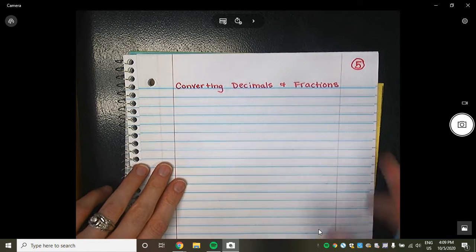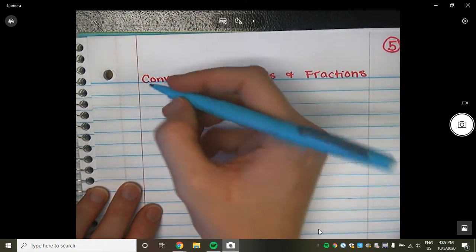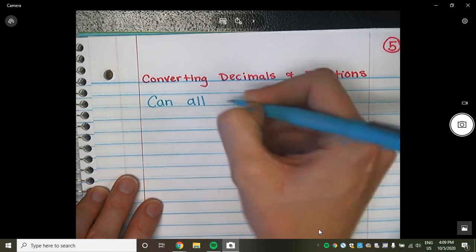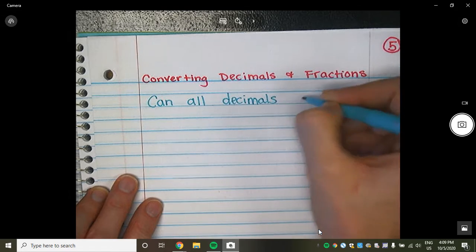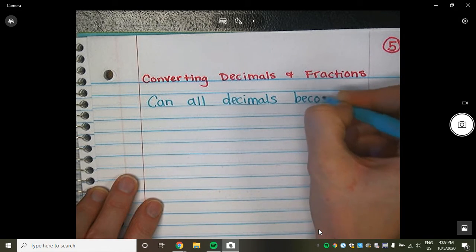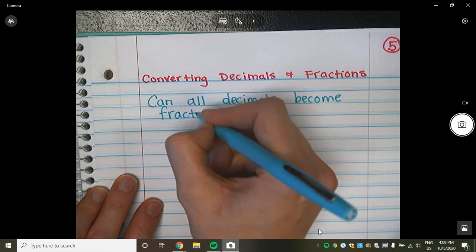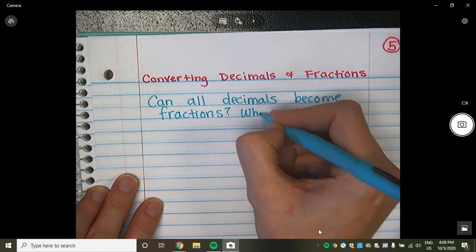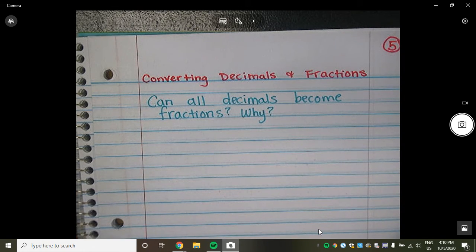I'm going to ask the opposite now, which is, can all decimals become fractions? And then I'm going to ask my question of why. And we're not going to answer that yet today. We will get there, but not today.